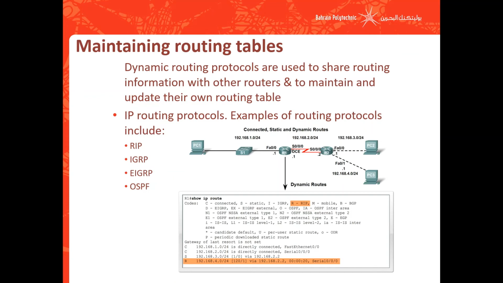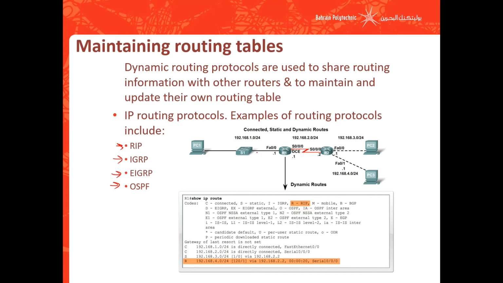The idea is that you set some protocols on the routers, and you can set any one of them. What the routers will then start doing is automatically sharing their routing tables with other routers.